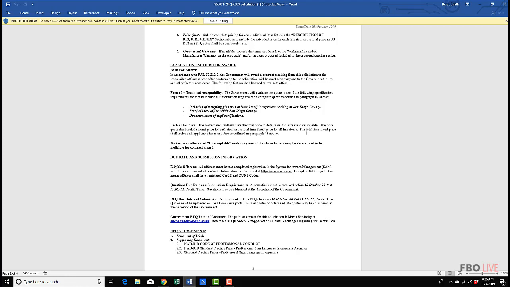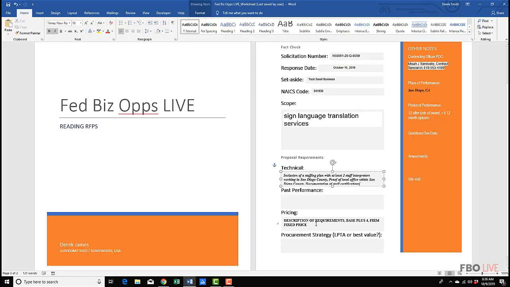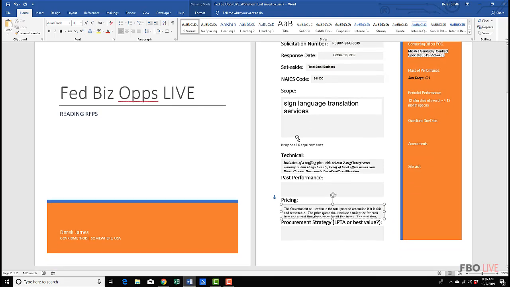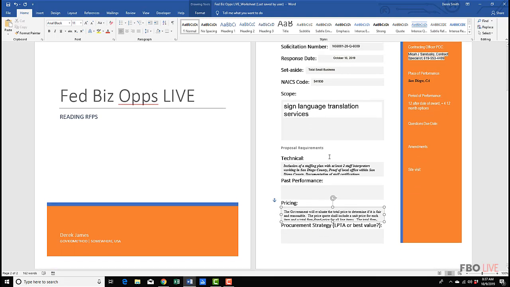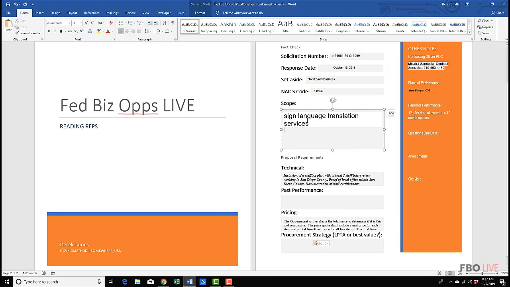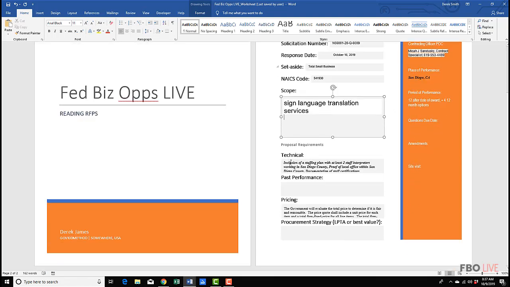The total firm fixed price shall include all taxes and fees. So I'm going to replace that information into our pricing. And I'll make these boxes a little bit bigger, and I'll probably reduce the size of the scope box just to make everything a little bit nicer.